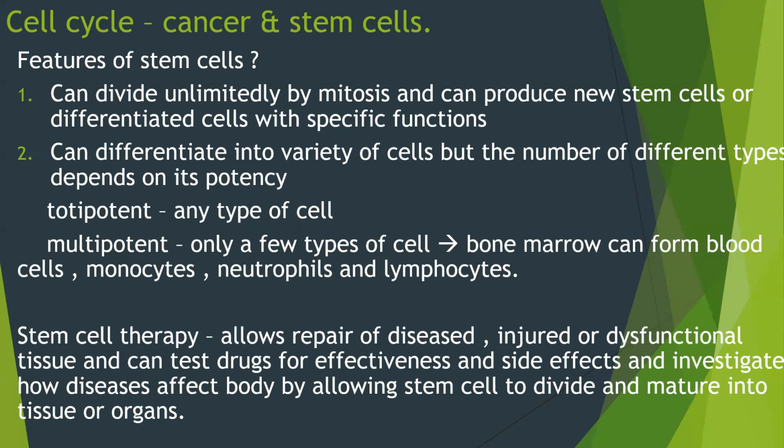So it will obtain the features of that type of cell. It can differentiate into a variety of cells, depending on its potency. Totipotent means it can differentiate into any type of cell, and multipotent means only a few types of cells. For example, bone marrow can only become blood cells, monocytes, neutrophils, and lymphocytes.